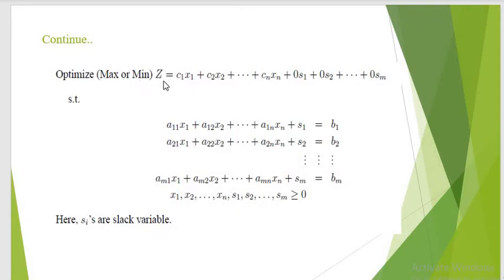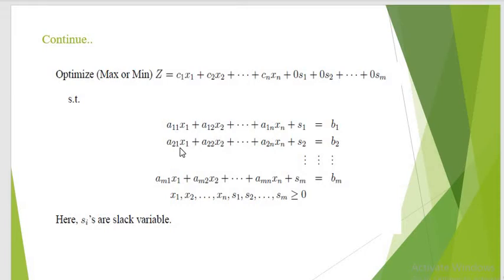Optimize, that means maximize or minimize, Z equal to C1x1 plus C2x2 plus etc. plus Cnxn plus 0s1 plus 0s2 plus etc. 0sm, subject to a11x1 plus a12x2 plus etc. a1nxn plus s1 equal to b1. That is, inequations are converted into equations by adding slack variables.